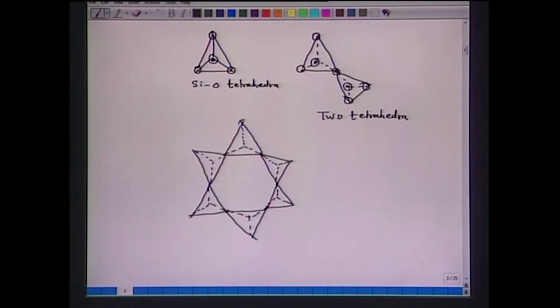So, this is one oxygen, another oxygen, and so on. This is one silicon, another silicon, and another oxygen is over here, and now in 3 dimensions this will go further this way.